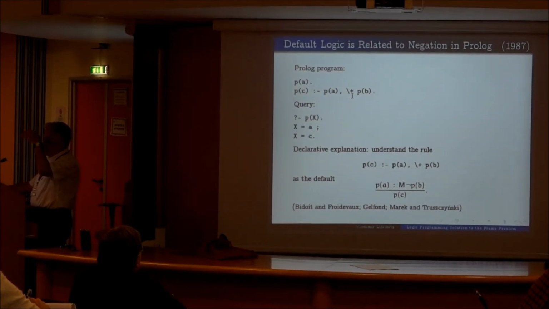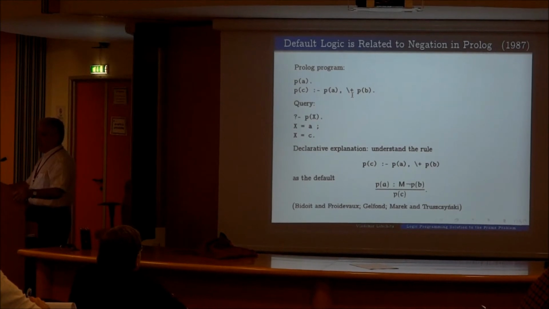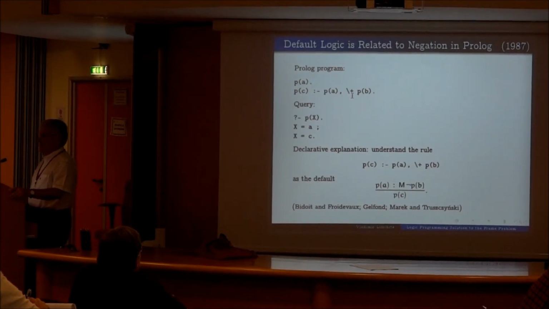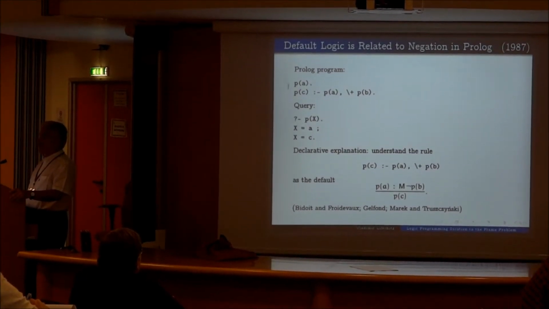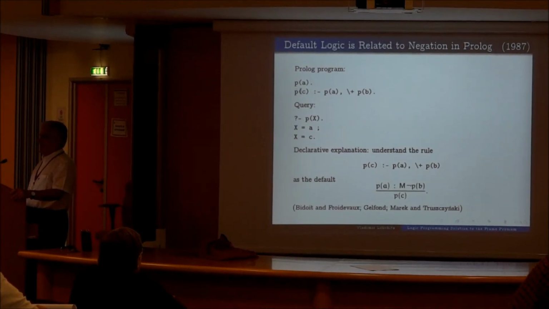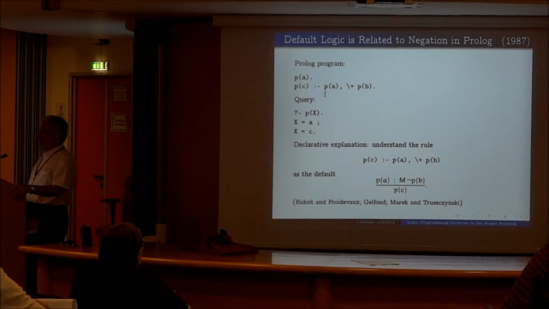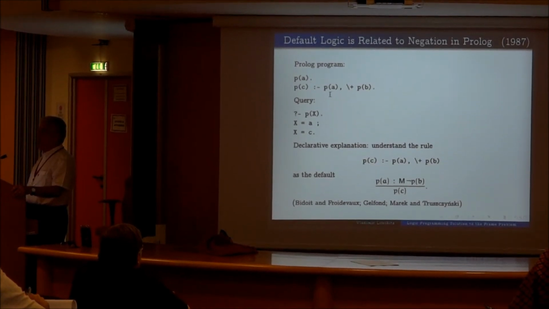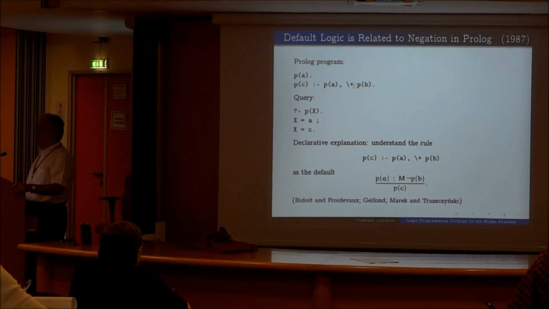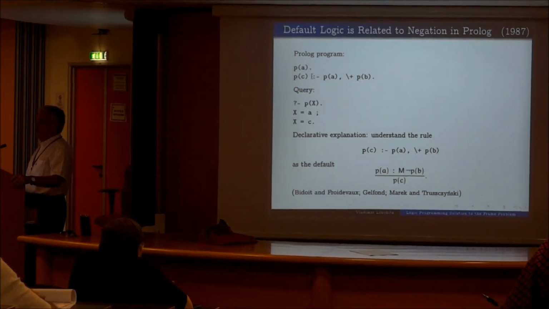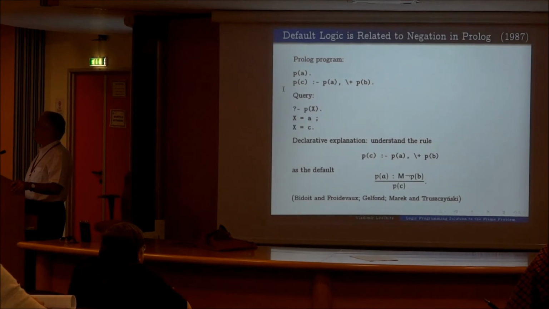So it means not derivable. And what these rules are supposed to express in Prolog is that A has the property P. The first rule is a fact, and the second rule says if A has the property P and there is no way to prove, there is no evidence that B has a property P, then C has a property P.